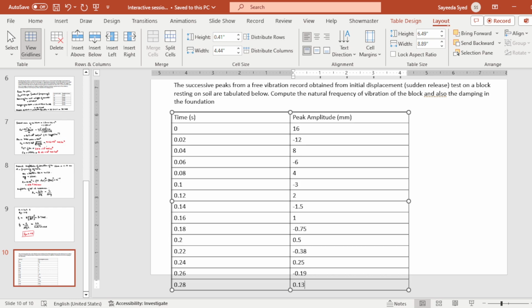Where's the mistake? Let me check again. Okay, there is one more row here.